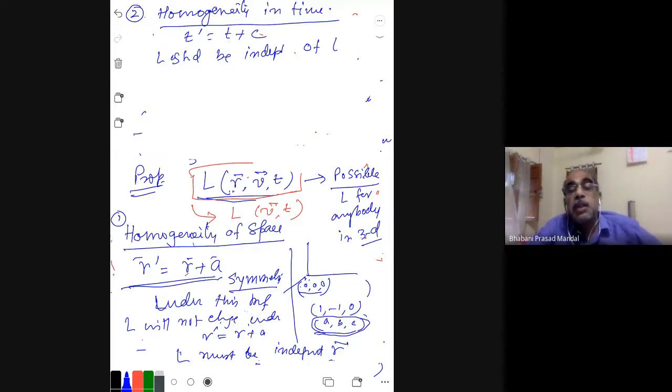The Lagrangian for a free particle cannot depend on time. So after the second property, my Lagrangian is changed now to only a function of v. Now the third property I'll be using is isotropy of space.